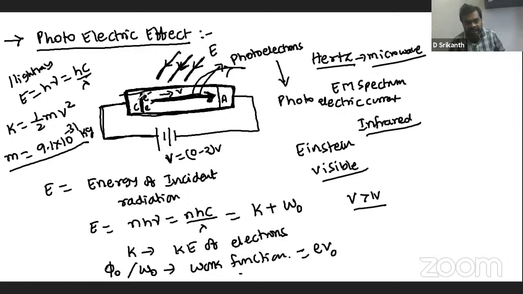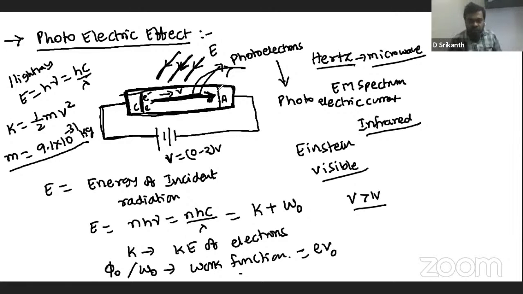Because already I have a potential here, if I increase it, I am bringing charges from infinity to the anode.